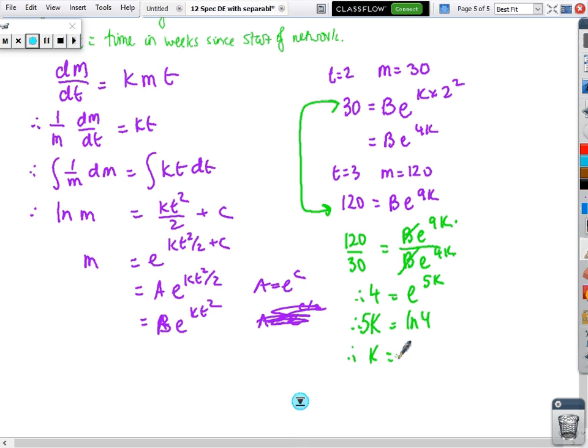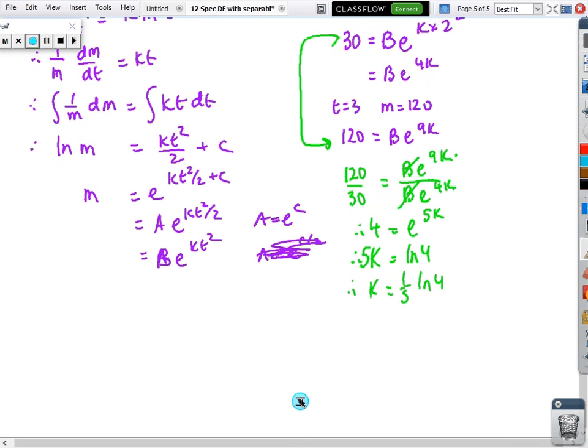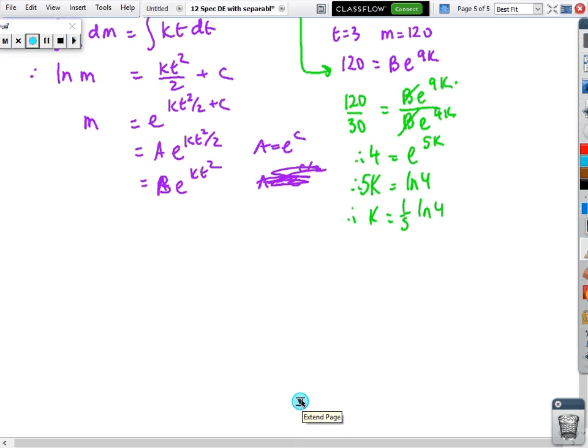So k equals 1/5 log 4. And then we can put that into any of the equations. So we've got 120 equals b e to the 9 times 1/5 log 4, b e to the 9/5 log 4.